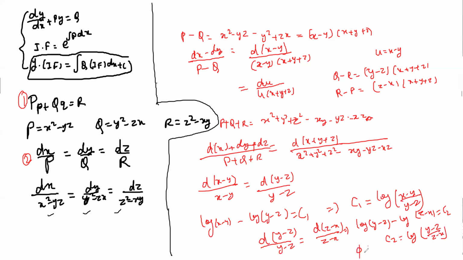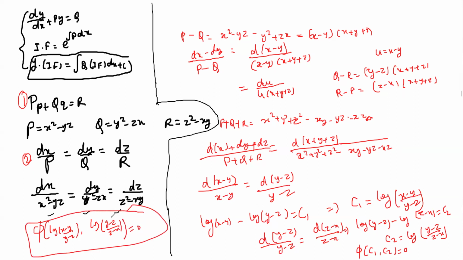Final answer will be c1 c2 is equal to 0. Put c1 c2 is equal to 0, right? So c1 is what? Is equal to 0. This is the answer.